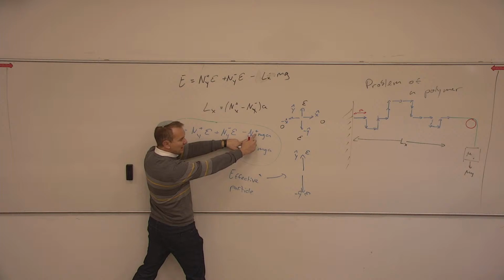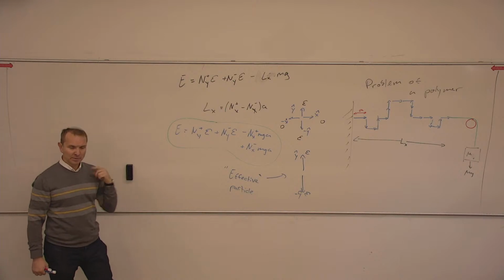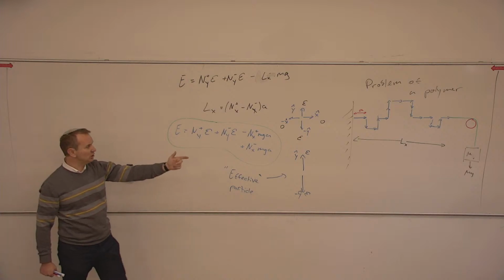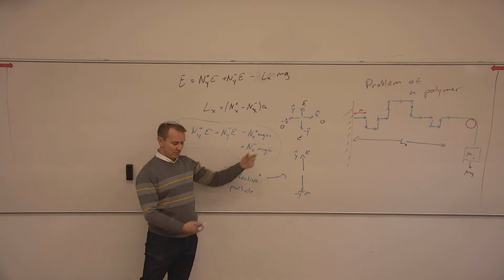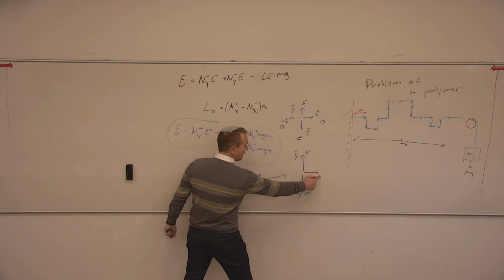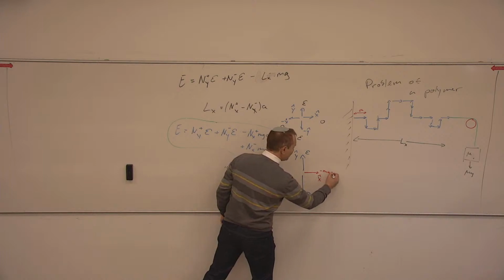It is nx plus minus mga. I'm saying, well, I will take any particle that is pointing in the x-hat direction, and I will assign it an energy of minus mga. So I have a particle that's pointing to the right, and it will have an energy of minus mga.